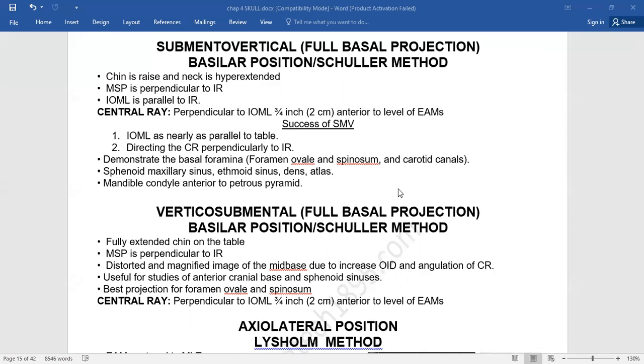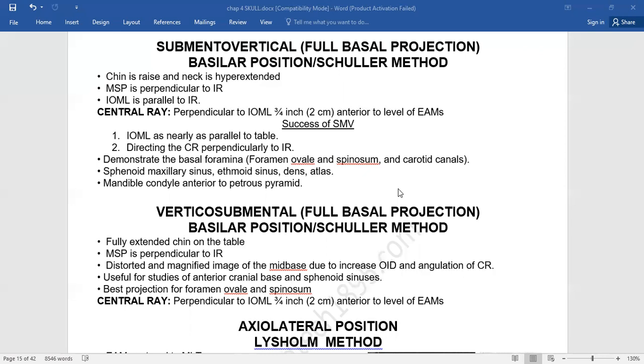This basilar position or Schuller method, or SMV, submental vertex or submental vertical projection, demonstrates the basal foramina. The foramina are the openings. It includes the foramen ovale, foramen spinosum, as well as the carotid canals. Also, it demonstrates the sphenoid and maxillary sinus, the ethmoid sinus, the dens, and the atlas, or your C1 and C2.